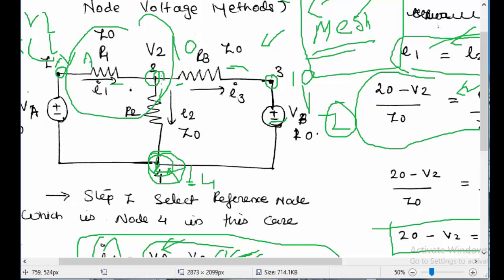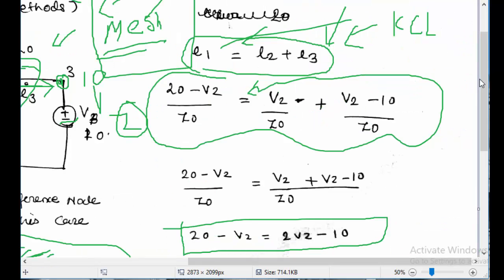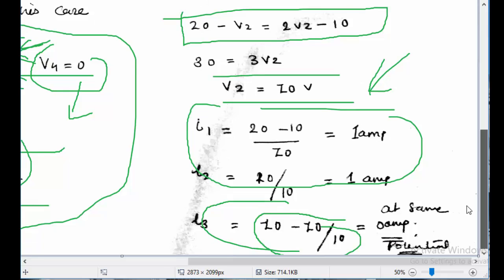So both of these are at the same potential, so there will be no flow of current in this loop, or in this resistor in this case. That's how you can even validate or revalidate the circuit. In our case there was no current flowing through I3, as it is at the same potential, and this can be validated here.